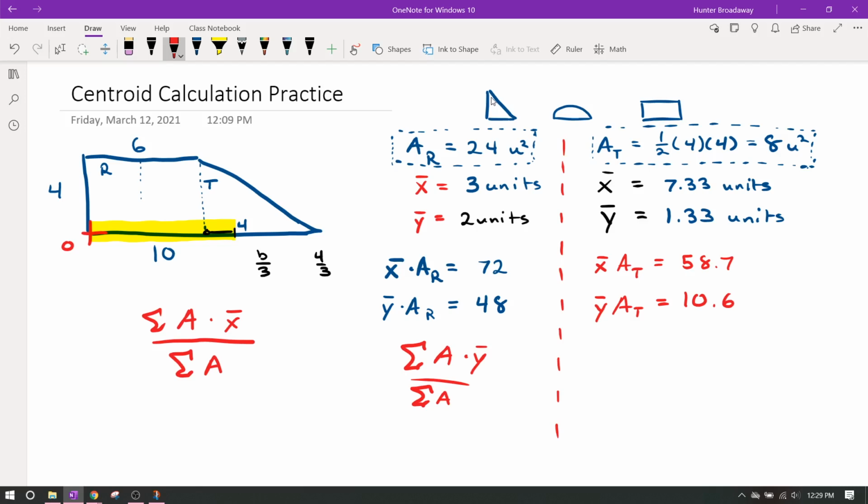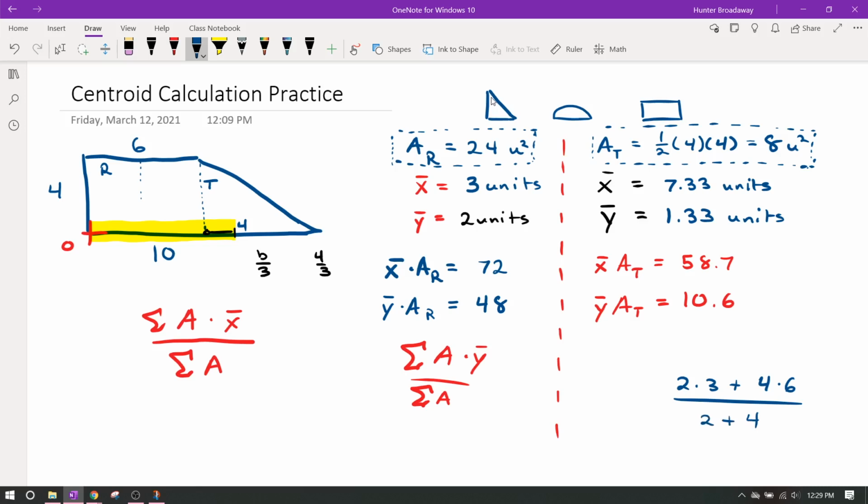There's a reason why it's written like this, and let me give you an example of why this is a bad idea. Let's say that you have some of your products up there at the top, and it ends up being, I don't know, 2 times 3 plus 4 times 6. And then at the bottom, since you're summing the areas, let's just say that the areas were 2 and 4. That's going to be 2 plus 4.